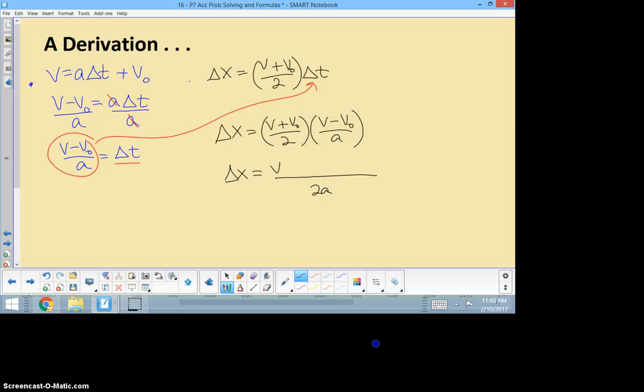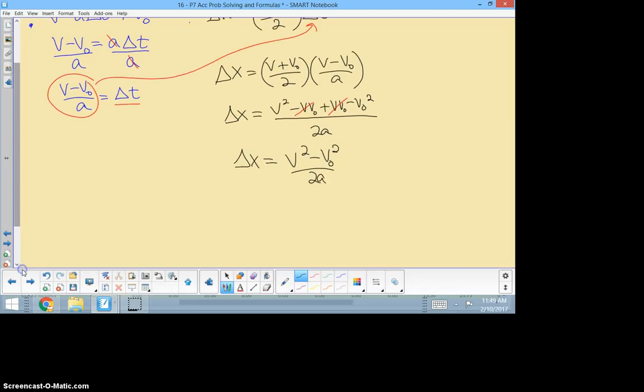It's v squared, then the outer would be minus v0 times v, then plus v0 times v, and then minus v0 squared. Now this v0 times v is negative here, and v times v0 is positive. Those are going to add up to 0. And so my expression is going to be delta x equals (v squared minus v0 squared) over 2a.